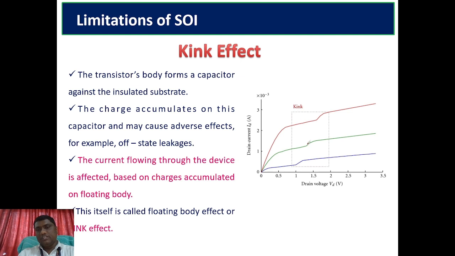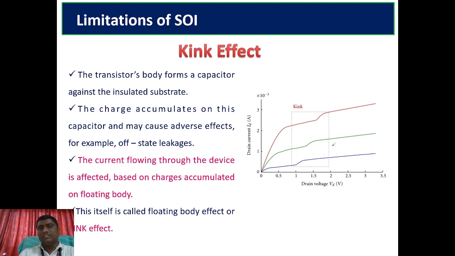Here you see the region where the drain current has a very slow development, which produces leakage current. So the current flowing through the device is affected, based on the charge carriers accumulated on the floating body. This is called the floating body effect or the kink effect.